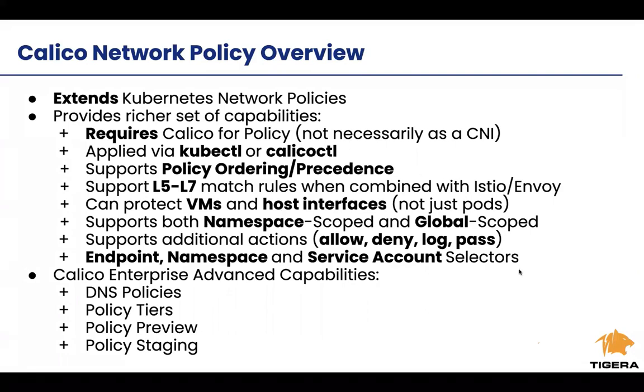And Calico also provides the ability to select for service accounts within the rules. So in addition to just targeting endpoints and namespaces, you have an ability to be very precise on which service account should be used within the flow in order to allow that rule.